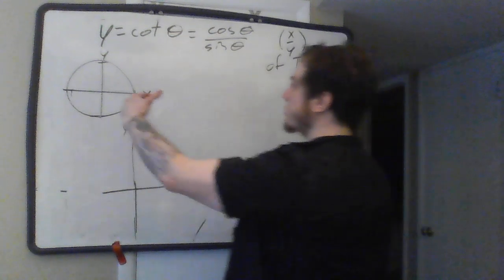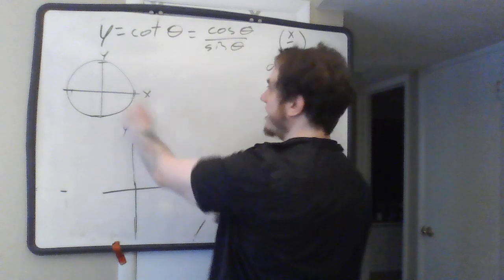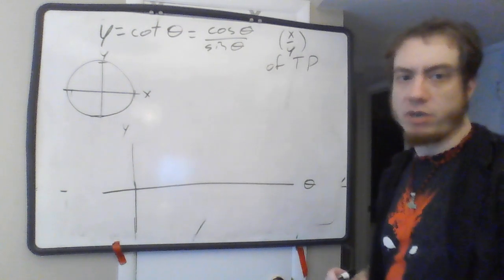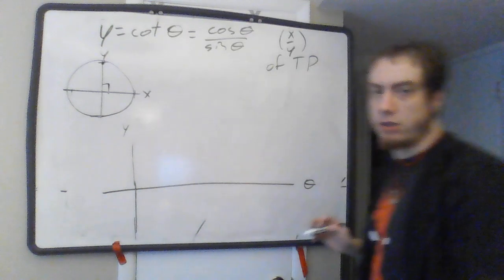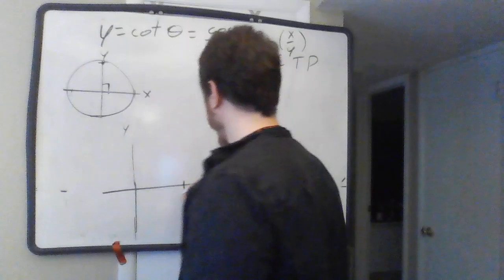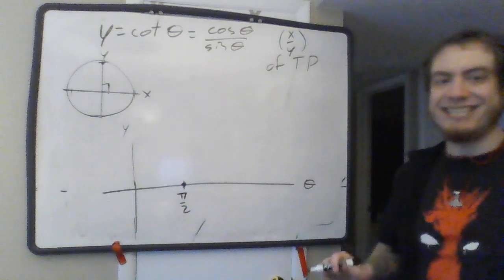So we take the x coordinate of the terminal point and then we divide it by the y coordinate of the terminal point. So one thing that we can say immediately is that up here, and remember this is a right angle, so an angle of pi over 2, that's going to be where I hit 0.